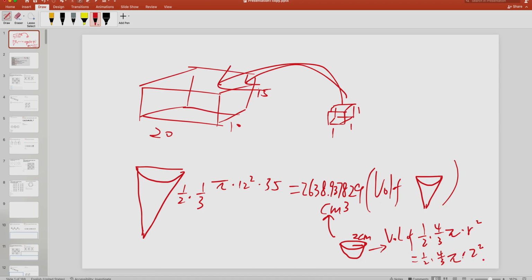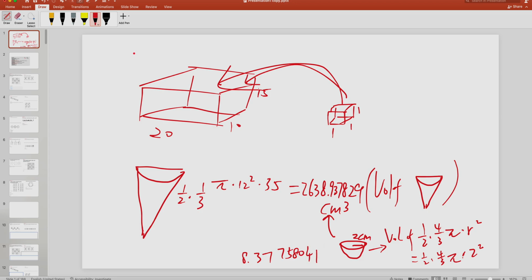Can you figure this out for me? 8.377... 580, right? Okay, good.